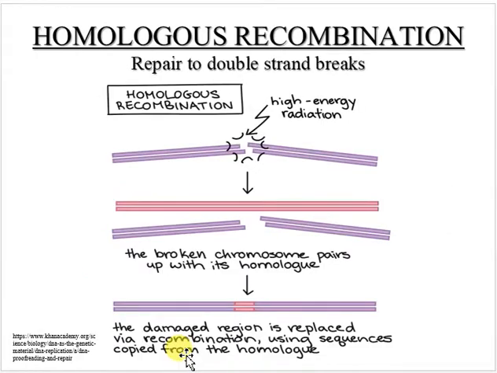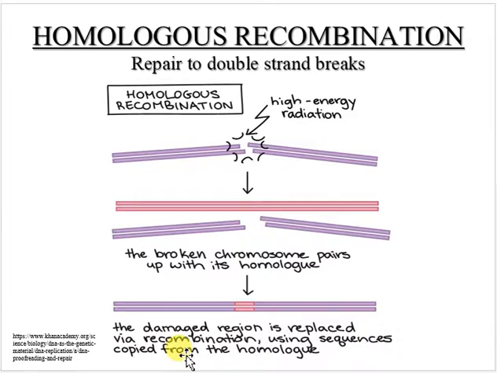The other is homologous recombination. This uses a homolog, hence the name. As such, this can only occur in eukaryotes, and that's because prokaryotes are haploid and therefore they don't have a homolog.